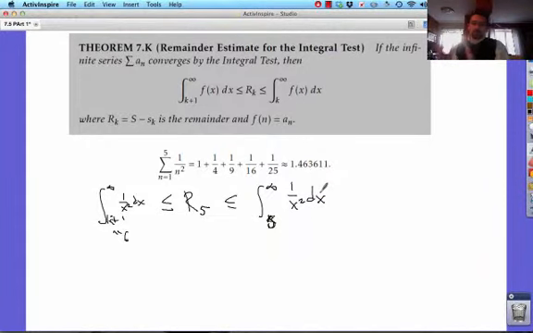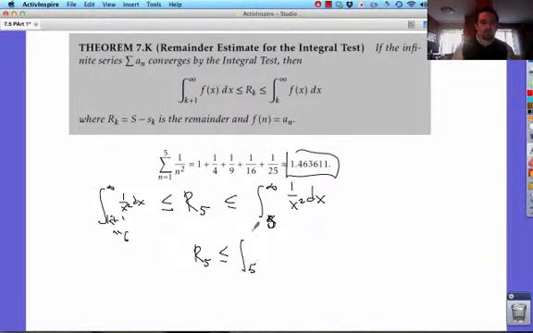So whatever's left over has got to be less than this number. In a sense, we can think of that as the error. The remainder, whatever's left over, the difference between this and the real value, is going to be less than that.